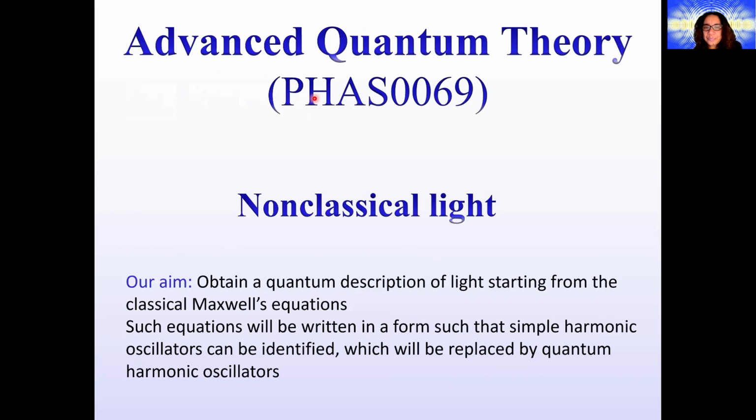Very well. So we are now in a position to talk about non-classical light. And our key objective here is to obtain a quantum description of light starting from the classical Maxwell's equations. And such equations are going to be written in a form that we will be able to identify simple harmonic oscillators, and we're going to replace them by quantum harmonic oscillators.